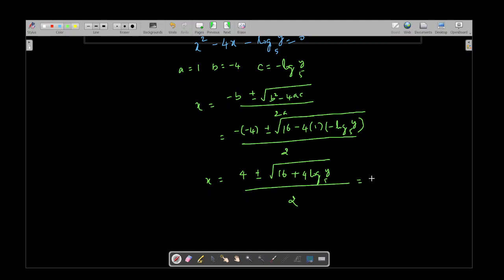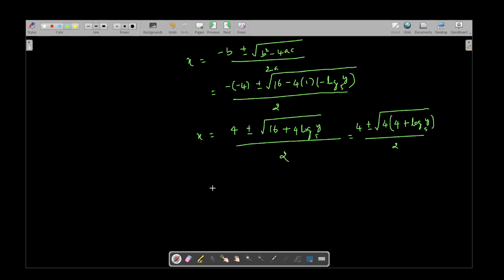I can take 4 common under the square root. So 4 plus or minus square root of 4 times (4 plus log y to the base 5), divided by 2. Further, the 4 comes out of the square root as 2, so this is 2 times the square root of 4 plus log y to the base 5, divided by 2.